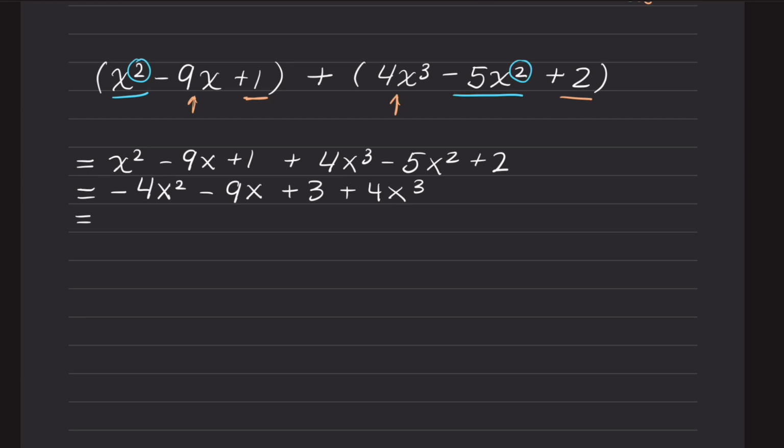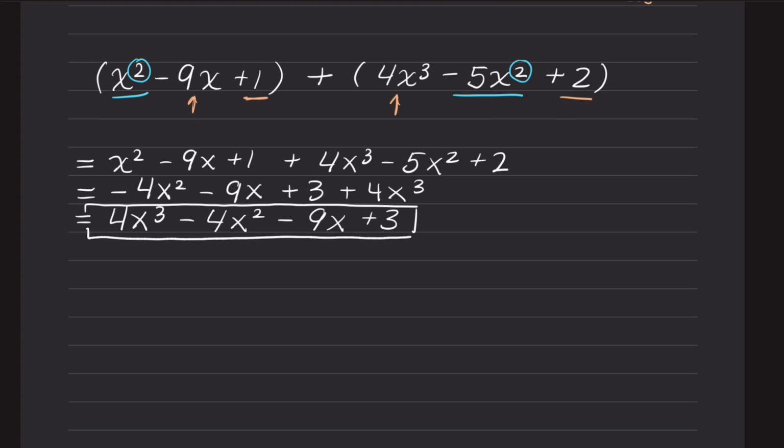So my highest degree term would be this 4x cubed, and then I have minus 4x squared, and then I have minus 9x, and then a plus 3. And notice that the sign in front of the term stuck with it. Like when I moved the 4x squared, I moved it with the minus 4x squared. When I moved the 9x, I moved it as a minus 9x.